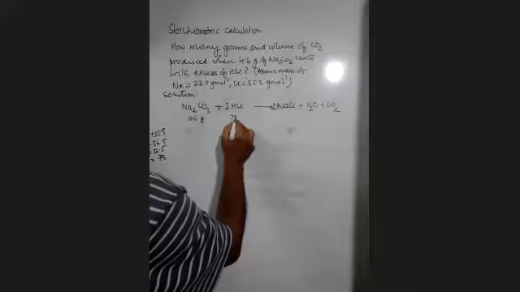Okay. HCl is how much? 1 plus 35.5 equal to 36.5. So 2 into 36.5 comes to 73 gram.